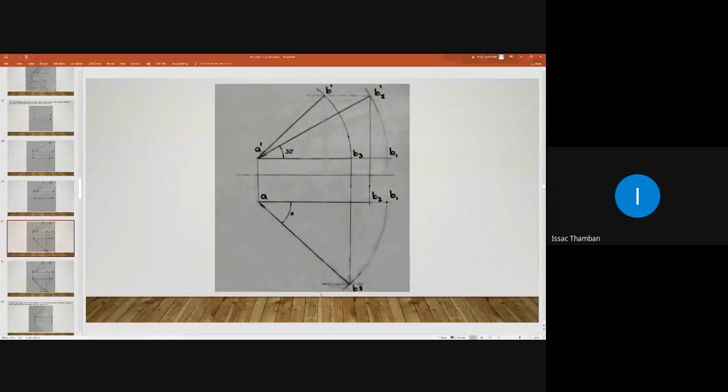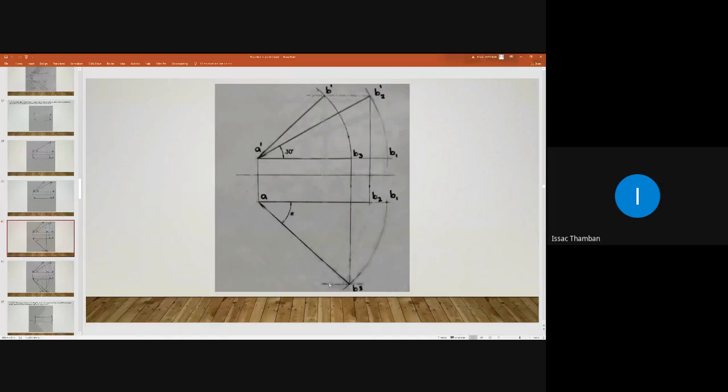So this problem is not finished because we have to locate the position of point B also. We have to complete the projection. So we obtained B3. This is the condition where the line is parallel to VP and inclined to HP. We have to obtain the position of point B. How do you obtain that?